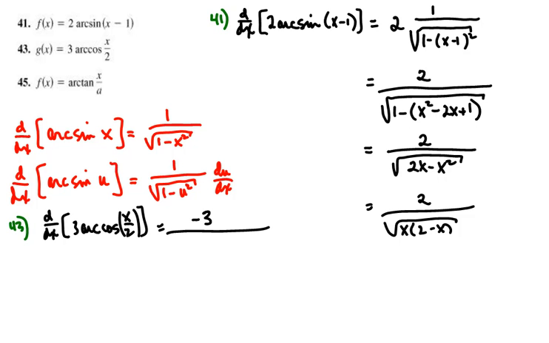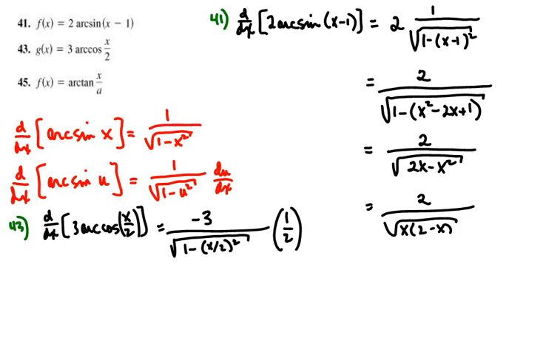Negative 3 over the square root of 1 minus x over 2 quantity squared. Sorry, we also have to multiply that by the derivative of x over 2, which is 1/2.